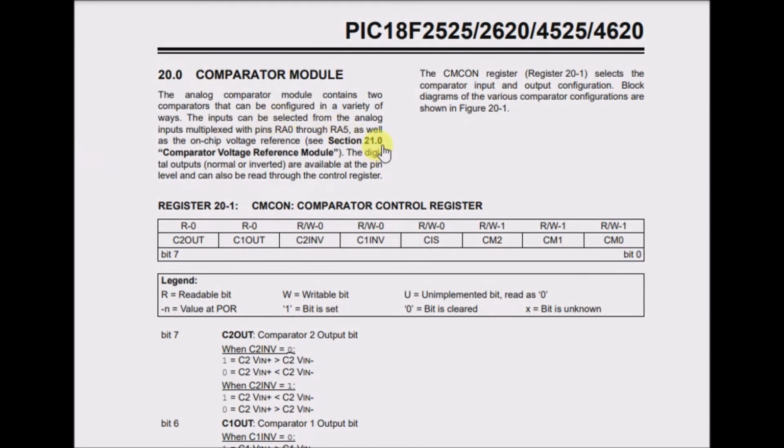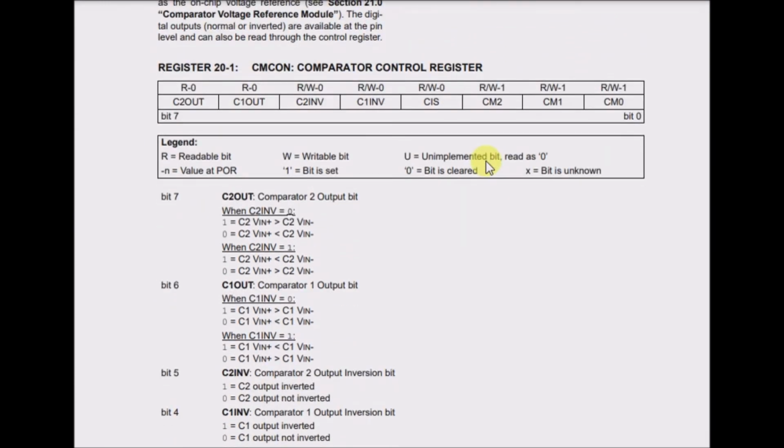See section 21.0, Comparator Voltage Reference Module. The digital outputs, normal or inverted, are available at the pin level and can also be read through the control register. The CMCON register, register 21, selects the comparator input and output configuration. Block diagrams of the various comparator configurations are shown in 21. Comparator control register.